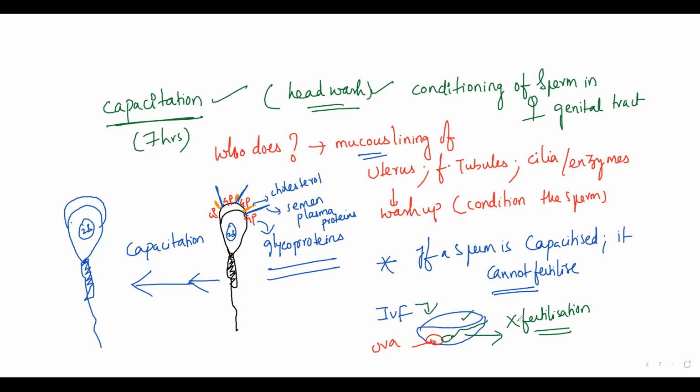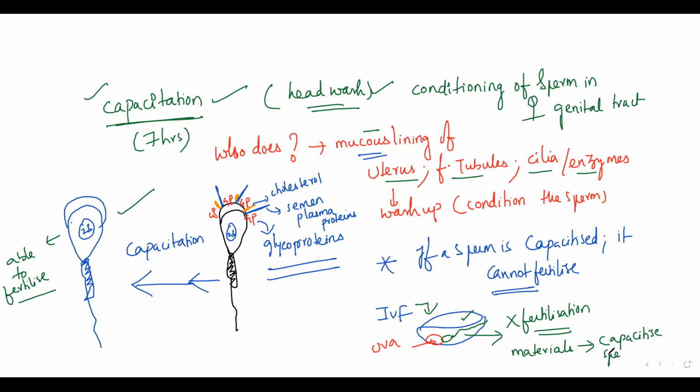Later it was discovered that the capacitation process is carried out by the mucous linings of the uterus, fallopian tubules, the cilia, and the enzymes. These all are actually capacitizing your sperms, and later the sperm is able to fertilize. After this discovery, they synthesized some materials that efficiently capacitize the sperms, and now they are used in the in vitro fertilization process.